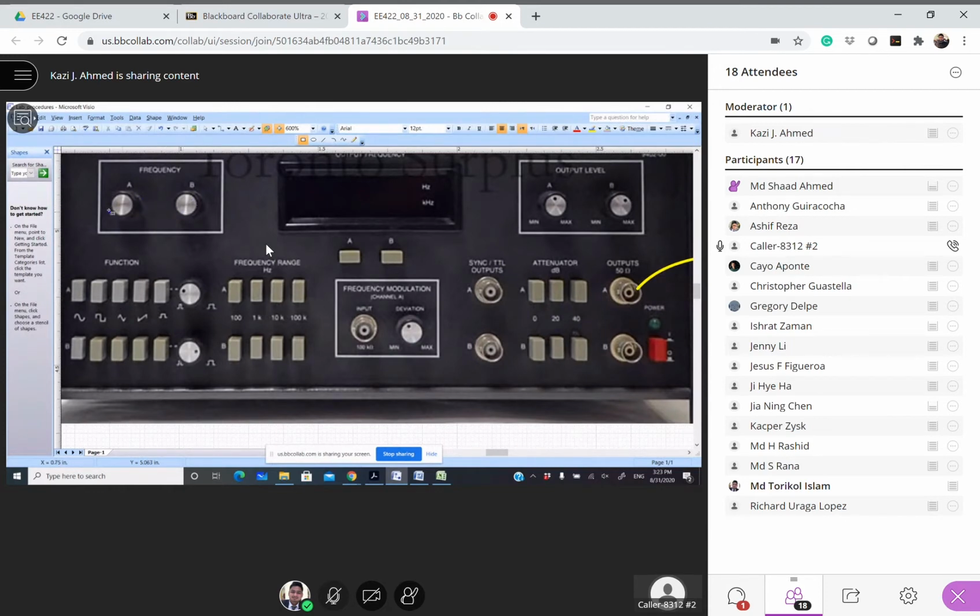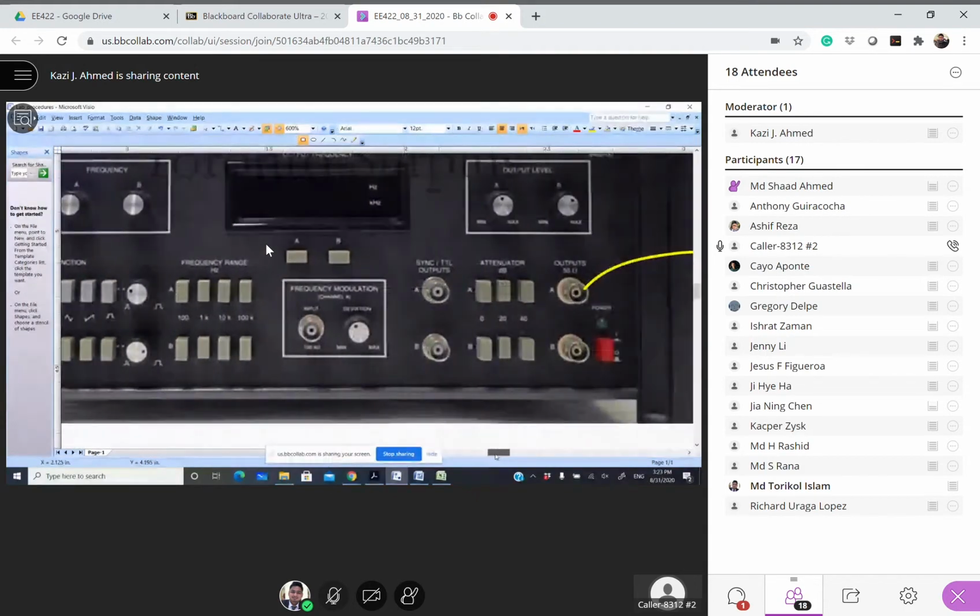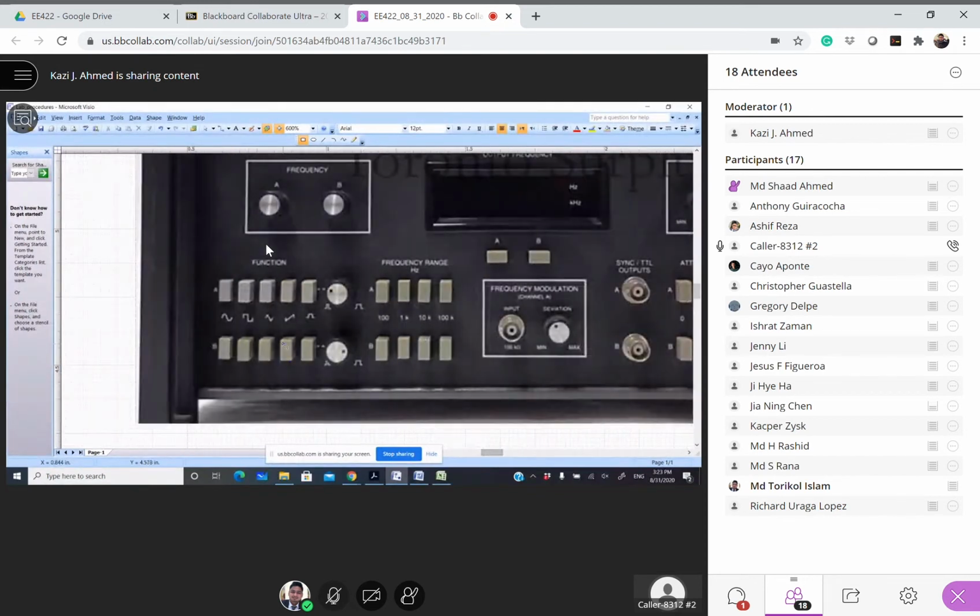So this knob under A will control the frequency of A. This knob under A will control the amplitude of A. These are the two things that we need to control to pick a particular sine wave. And as this is a function generator, it also has other functions like square wave, rectangular wave, etc. But we need to pick the sine wave.